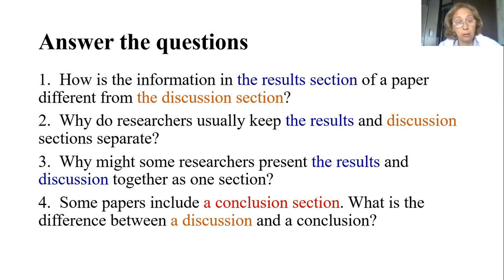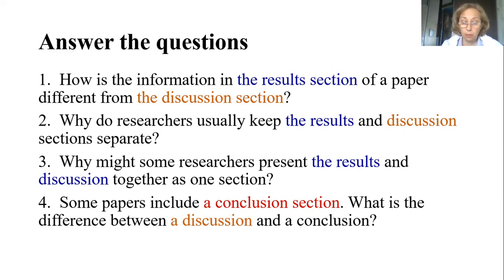То есть это conclusion, это не по результатам эксперимента, а по результатам всей написанной работы. Вот это и есть conclusion, да? So it has more general ideas, more global ideas.